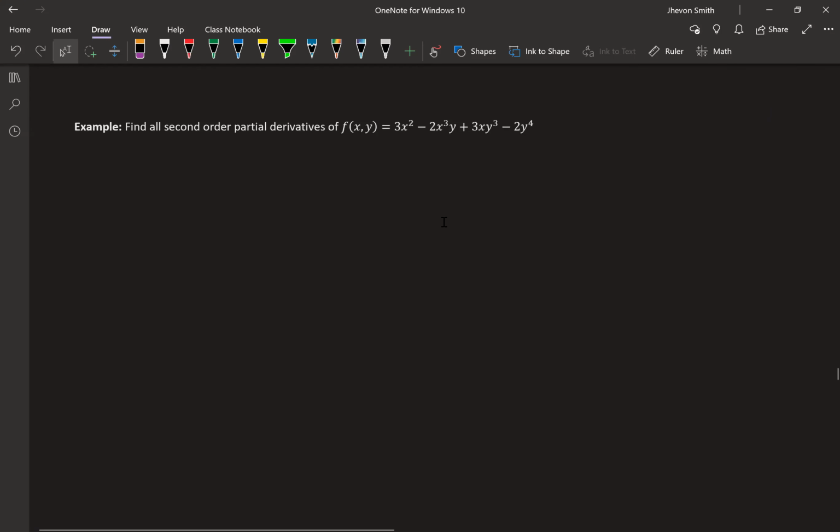Here's another example. I want you to find all second order partial derivatives of this function. Here is a two variable function. When we say all second order partial derivatives, I want you to find fxx, fyy, fxy, and fyx.